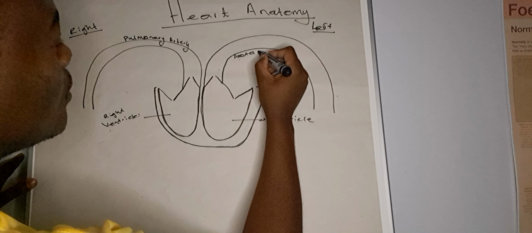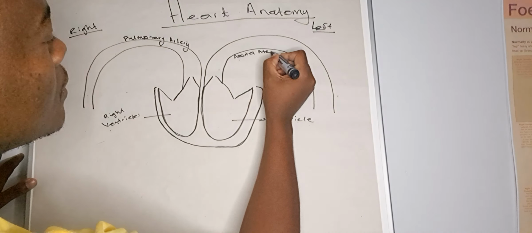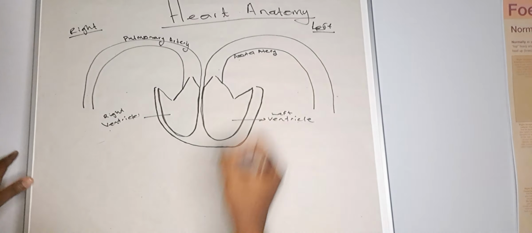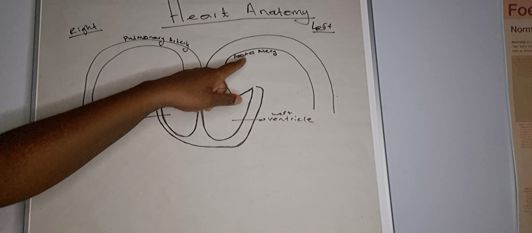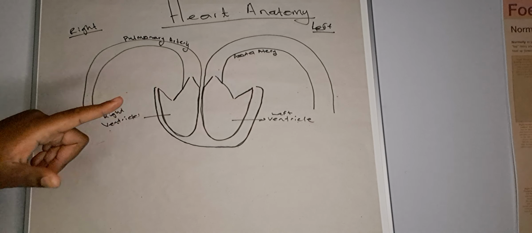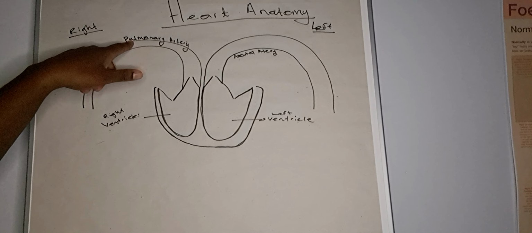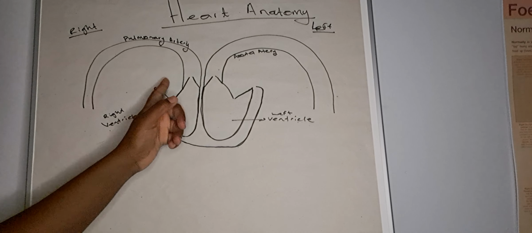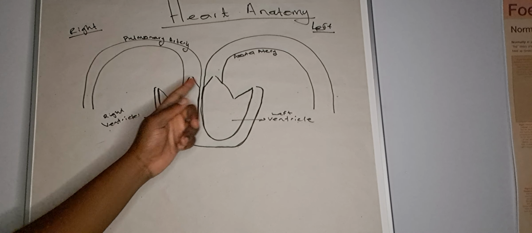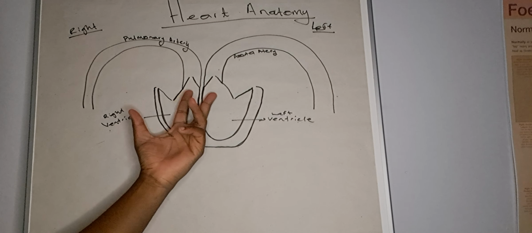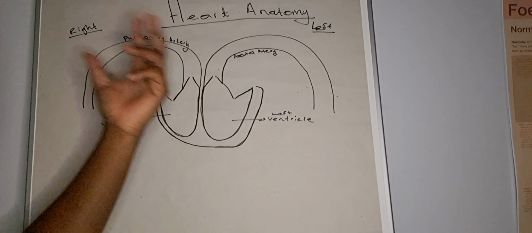Artery, yes, it's artery also. Now we know we have our aorta. We know we have our pulmonary artery. So now, what are these chambers that have been built up by the rising of these two arteries?